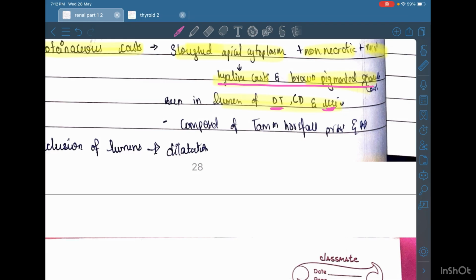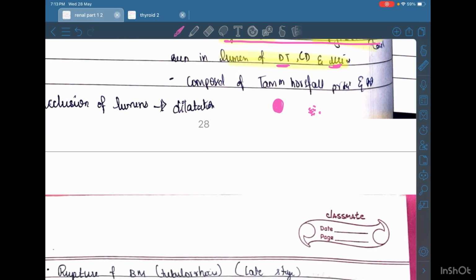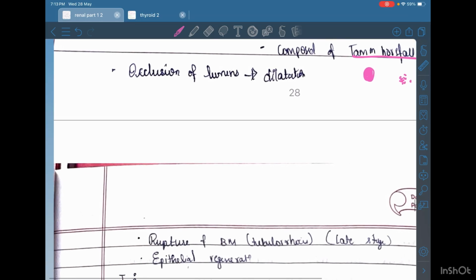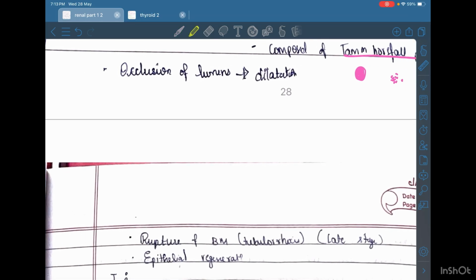What are the casts? Either full pink or brown pigmented cast, which is composed of Tamm-Horsfall protein. We'll read that later. Then there will be occlusion of the lumen which leads to dilatation. So dilatation happens, focal flattening of epithelium happens.